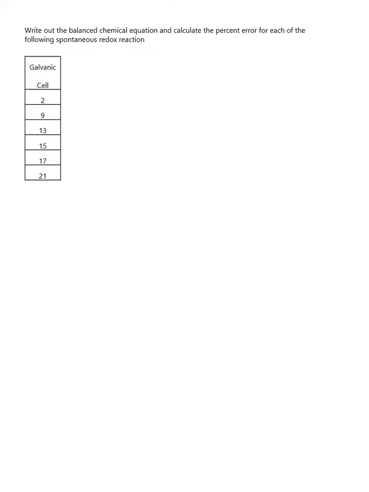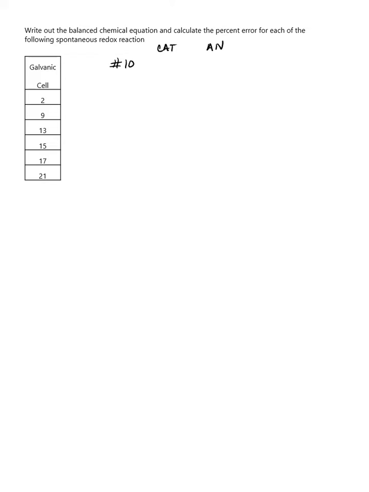And I'm going to give you the examples with electrochemical cell number 10 and 11 again. So in number 10, we have copper and zinc.